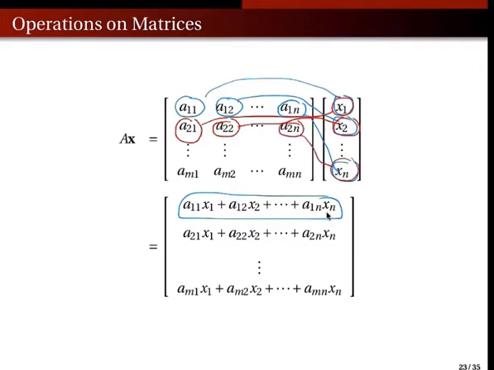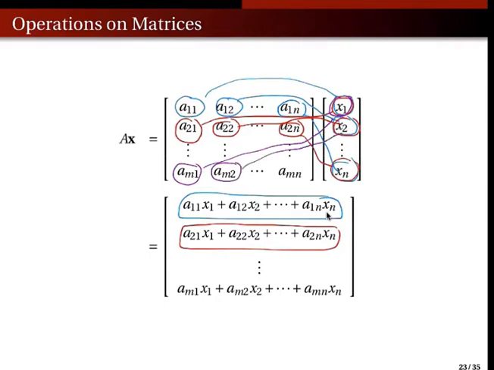That's your second row. Then you continue the process: AM1 multiplied to x1, AM2 multiplied to x2, until AMn multiplied to xn. That's your last entry.